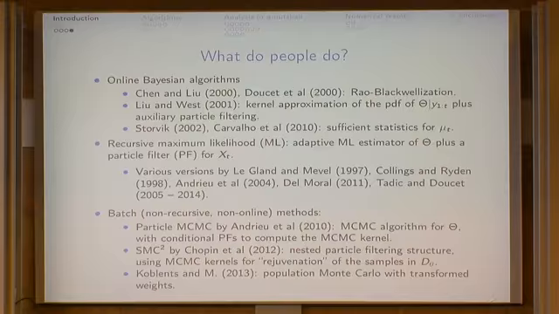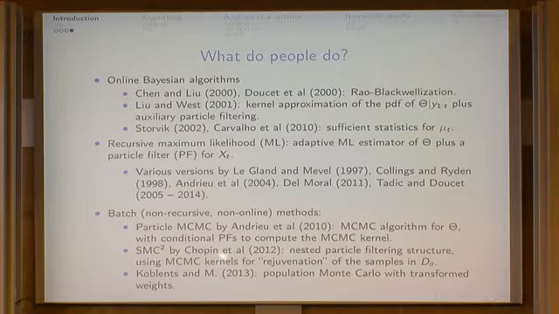Then lately, we have a nice collection of batch methods that solve the problem. We have seen a lot of particle MCMC and exact approximations last week. We didn't see much about SMC squared. You guys should have talked about it. But you can also design a sequential Monte Carlo algorithm that solves the problem.